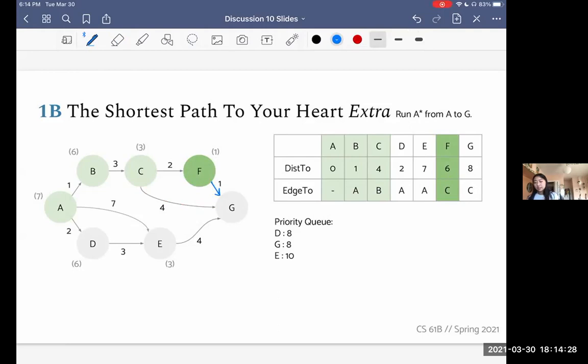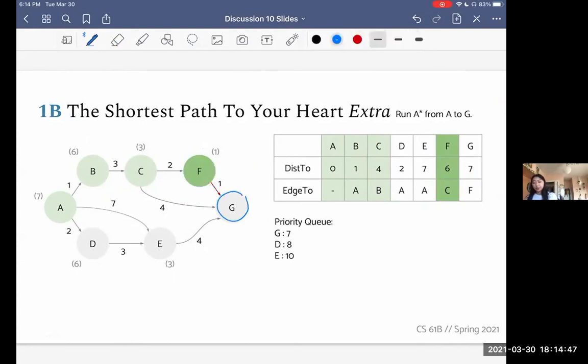And so we realize the distance to G is actually 7. We have a better way to get there, and we always are looking to improve, right? So we're going to go ahead and update that and say, actually, the best way to get to G has a distance of 7, and it involves taking this edge from F to G, right?